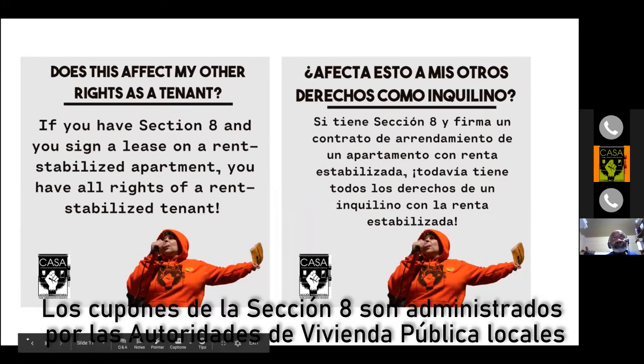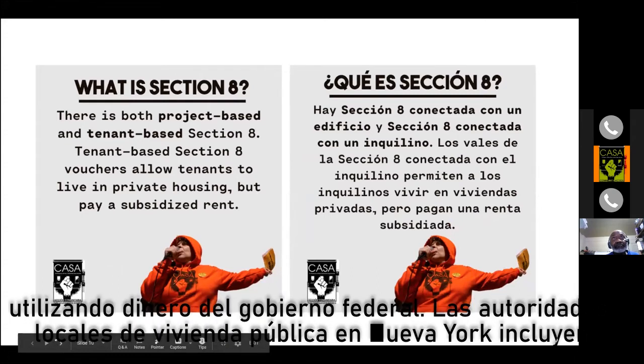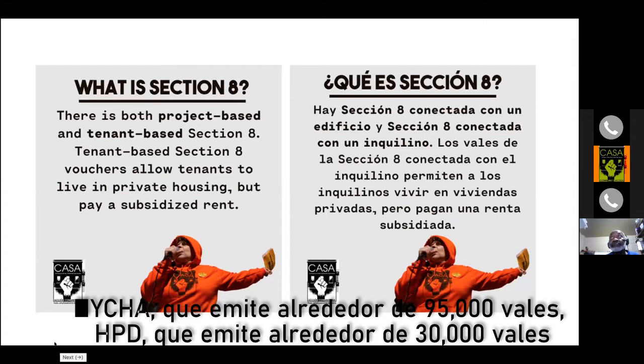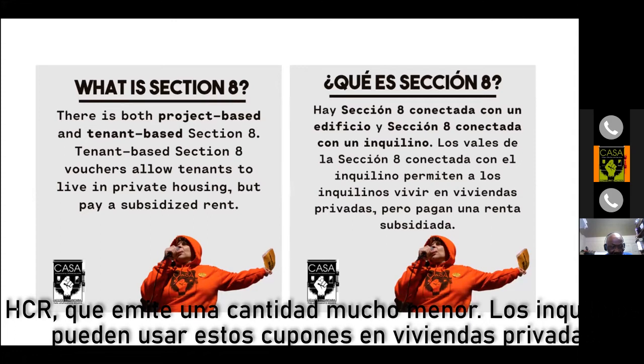Section 8 vouchers are administered by local public housing authorities using money from the federal government. Local public housing authorities in NYC include NYCHA, which issues about 95,000 vouchers, HPD, which issues about 30,000 vouchers, and HCR, which issues smaller numbers of vouchers.